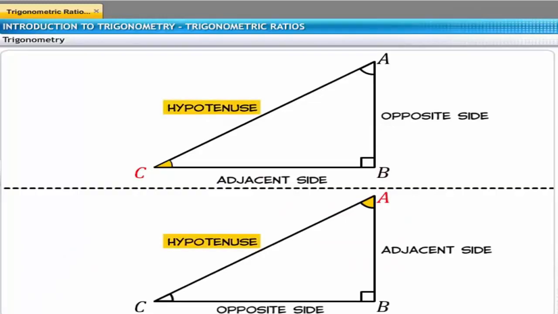The hypotenuse, however, remains the same.